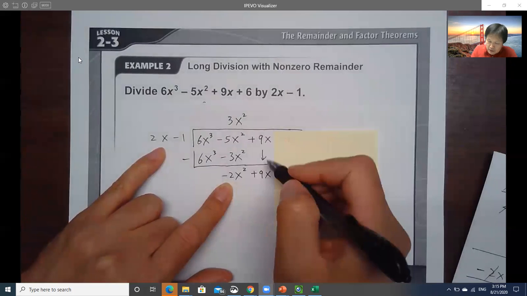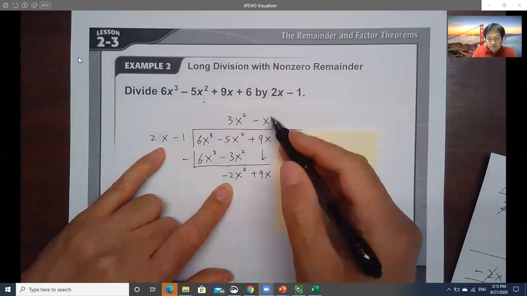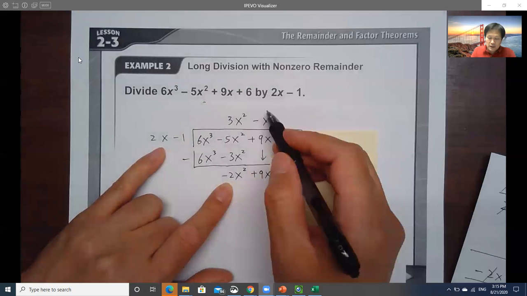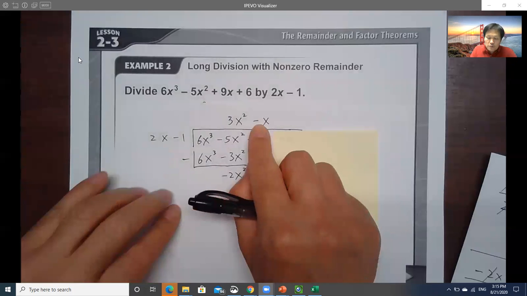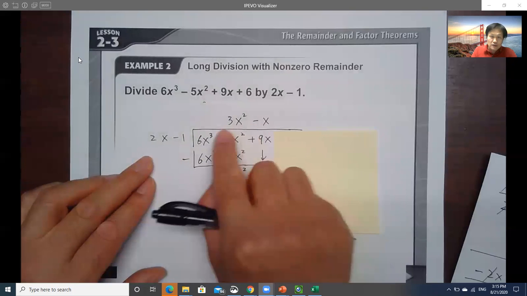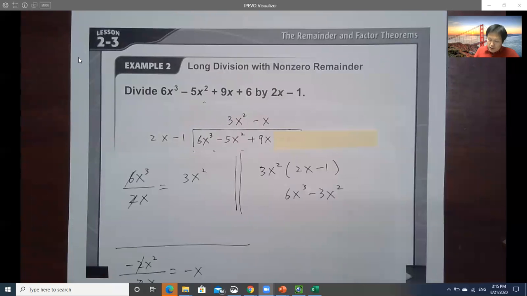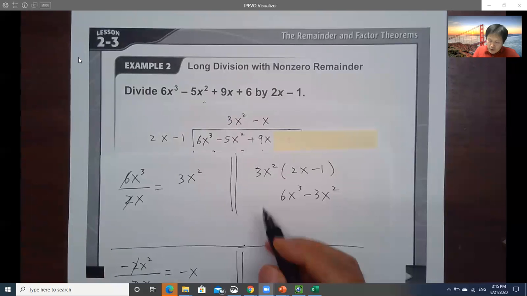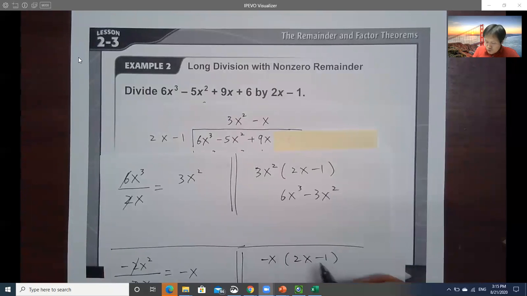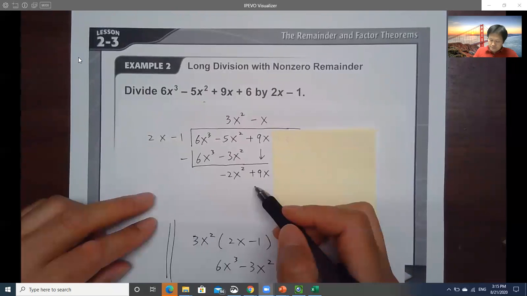So minus x, line them up. Then you're distributing minus x here. Again, if you need to do that work separately, do that. If you don't have to, that's fine. You get minus 2x squared plus x. That's the one you need to write here.